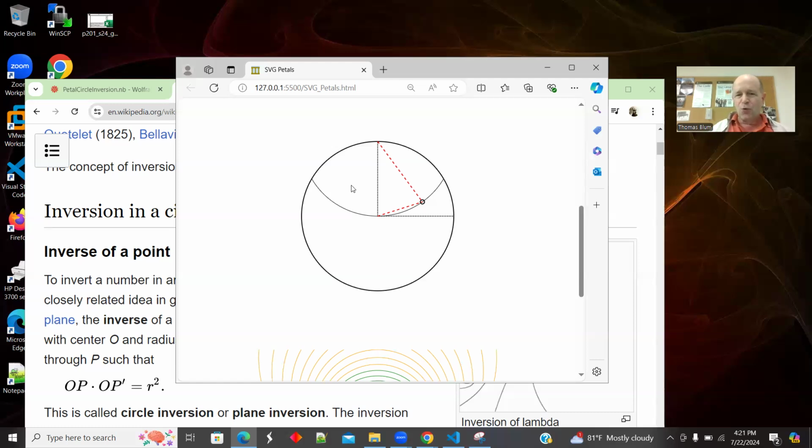And so working with those 3 points, if you're familiar with circle inversion, then you know those 3 points will determine it and tell you what happens.